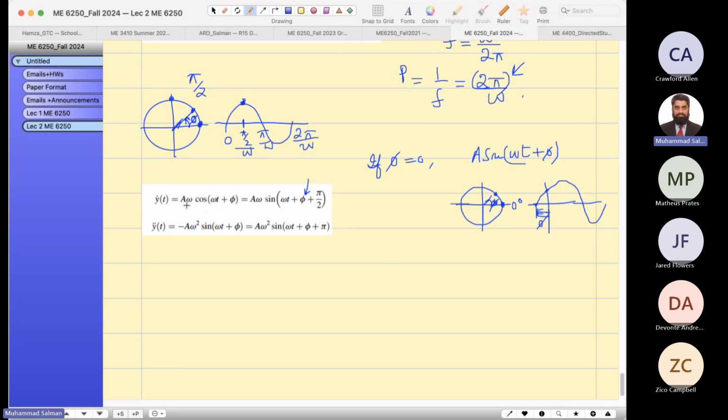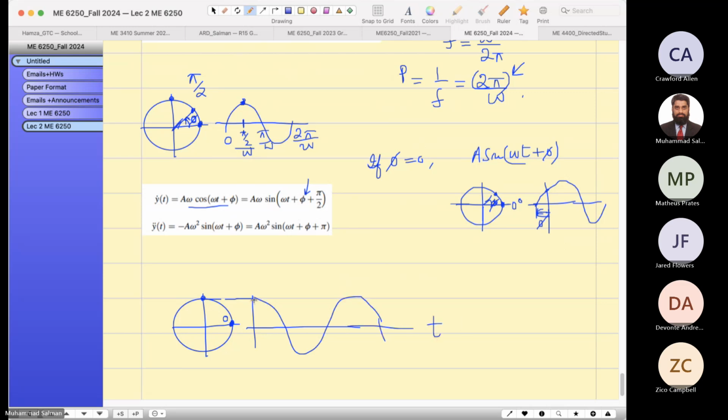And you see, cosine comes right after 90 degrees. Look over here, let me show you. This was the description of the sine wave. Now I want to show you, let me redraw it here. If you want to plot the cosine wave, you will start from here, at the amplitude.